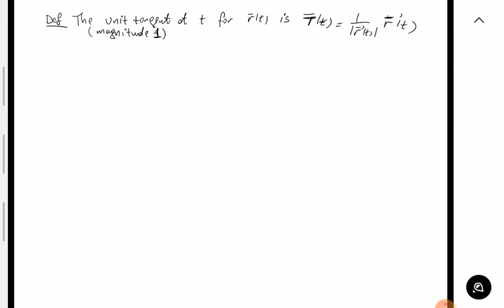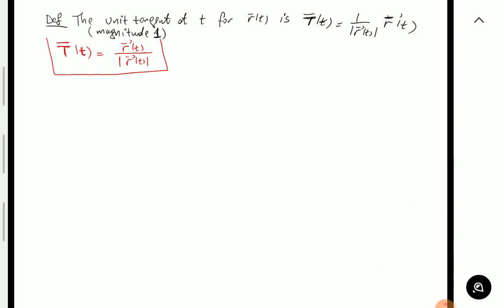Via an abuse of notation, just to make things much clearer, we're going to typically write down that the unit tangent T of t is just r prime of t divided by its magnitude. But division doesn't exist. Remember, by division I mean scalar multiplication by the reciprocal of that magnitude.